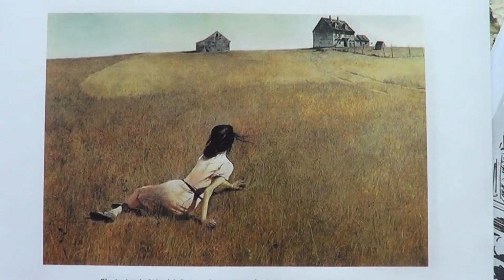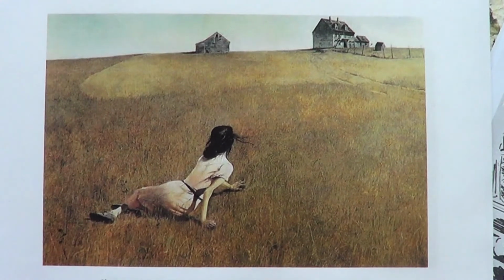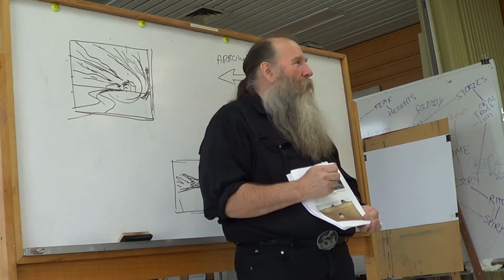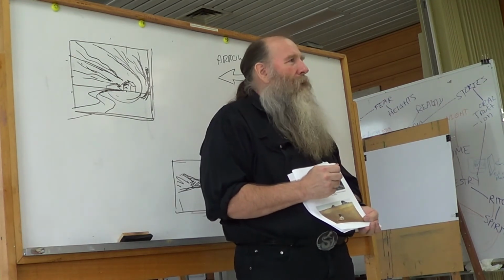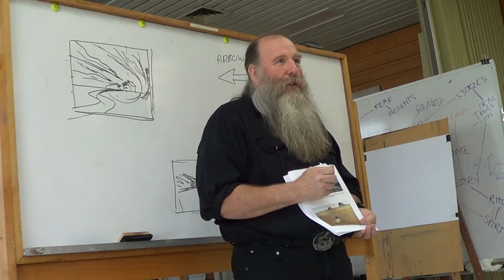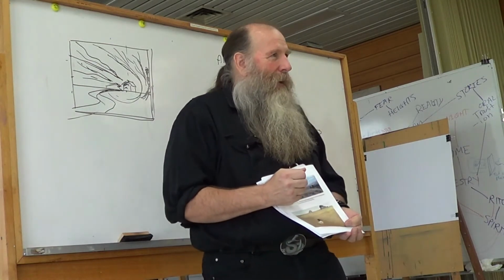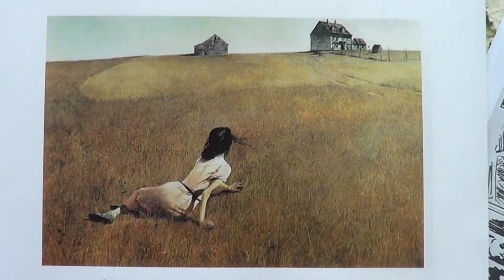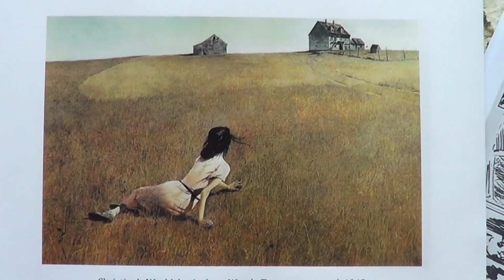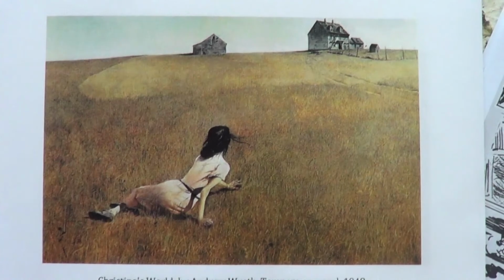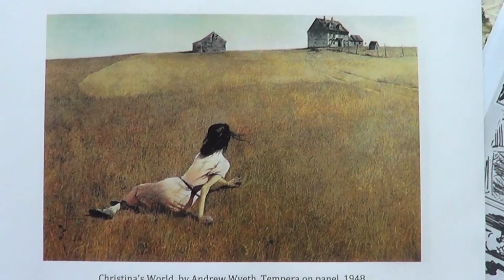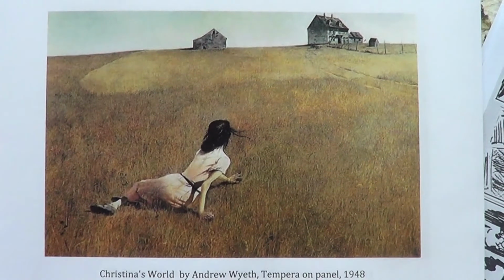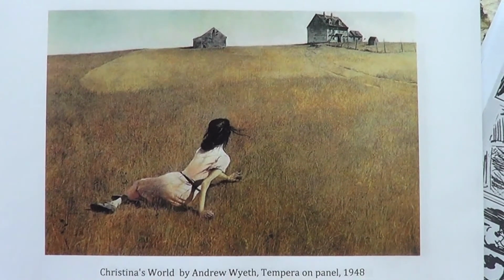For those who do not know the story, Andrew Wyeth's sister couldn't walk, and she refused to have a wheelchair, so she'd crawl around everywhere. So this is her crawling towards the house. She refused to have any help, and so she'd just crawl through the fields or around the house. So there's probably a lot of emotion in this as well, as she's heading towards the house there on the horizon.